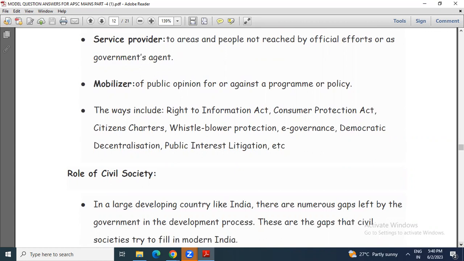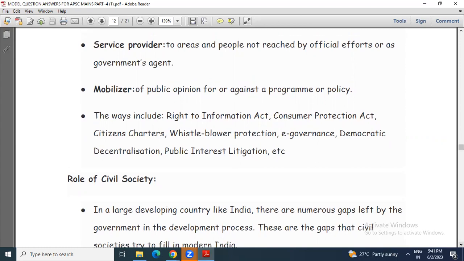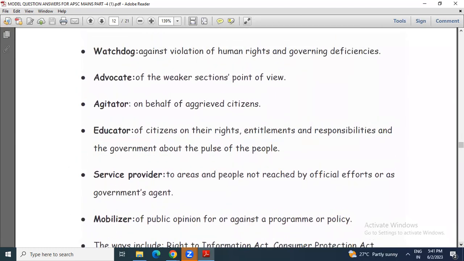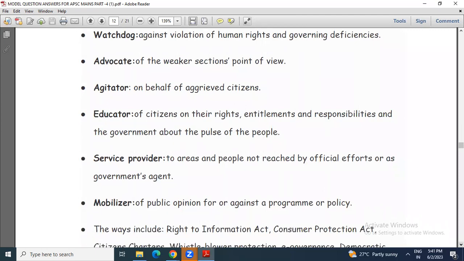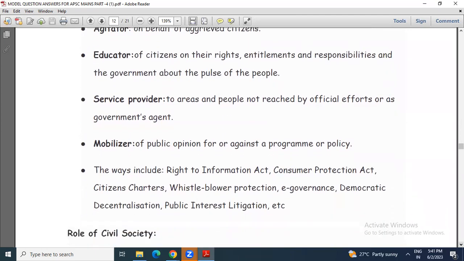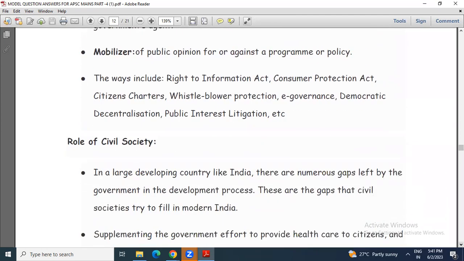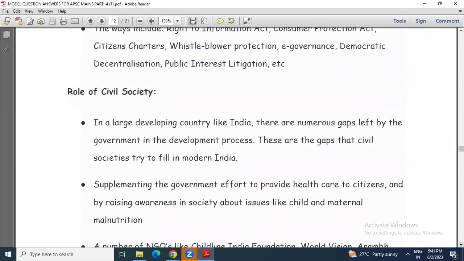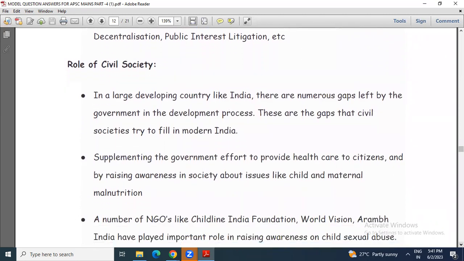The ways include the Right to Information Act, Consumer Protection Act, Citizen Charters, Whistleblower Protection, E-Governance, Democratic Decentralization, Public Interest Litigation, etc. So their contributions are watchdog, advocate, agitator, educator, service provider and mobilizer.